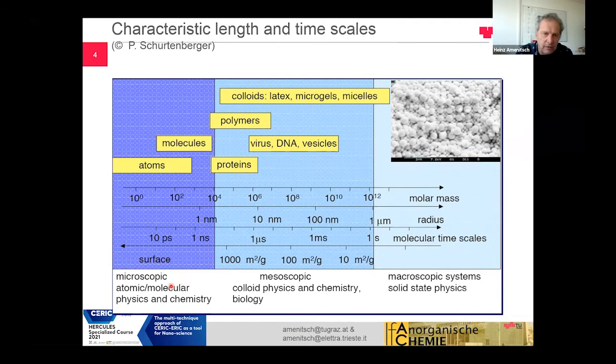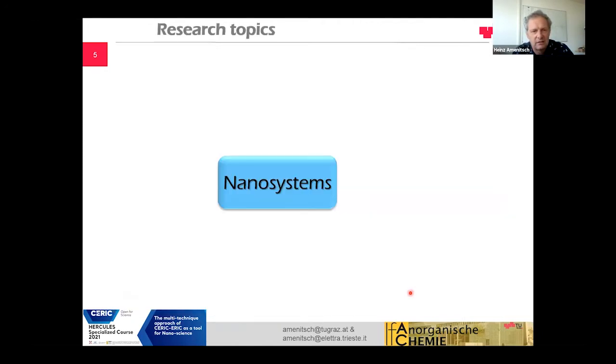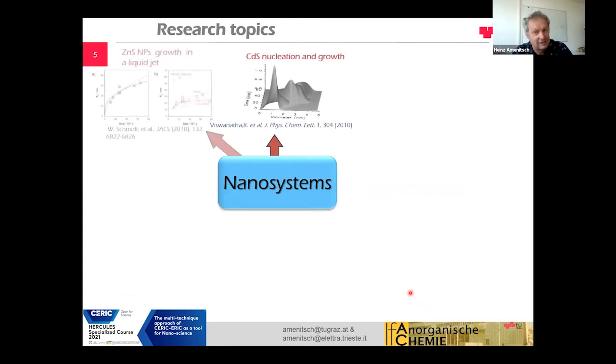From the scientific topics, this means you go from microscopic atomic molecular physics and chemistry, to mesoscopic systems like colloid physics, chemistry, and biology, and then you end up at the macroscopic systems and solid state physics. So I'm going to give you some more practical examples you can cover on these nanosystems.